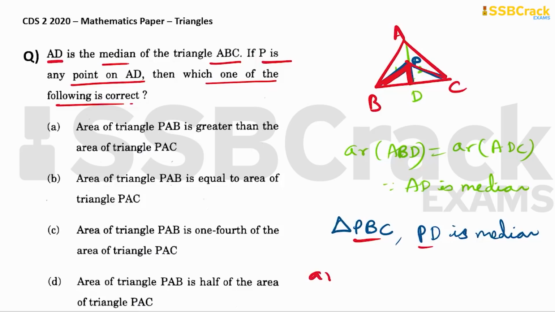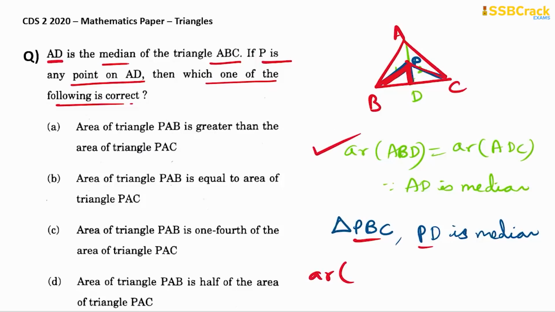Here we could see that this theorem is applicable for these two triangles also. That is, the area of triangle BPD will be the same as the area of triangle CPD. Now what can you say about the remaining portion? Very clear statement, so we have got these areas equal, right?